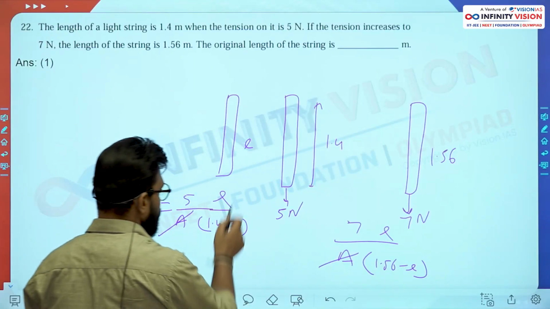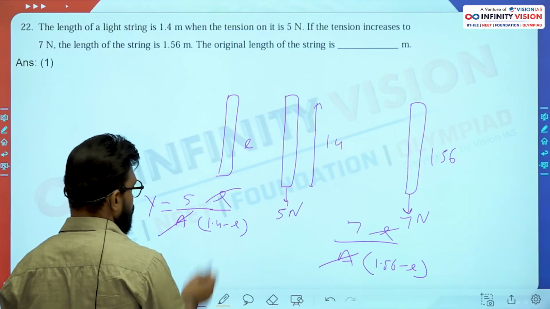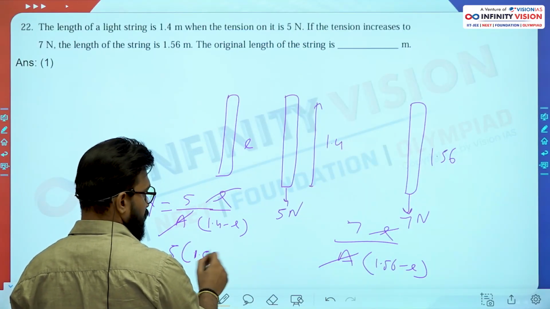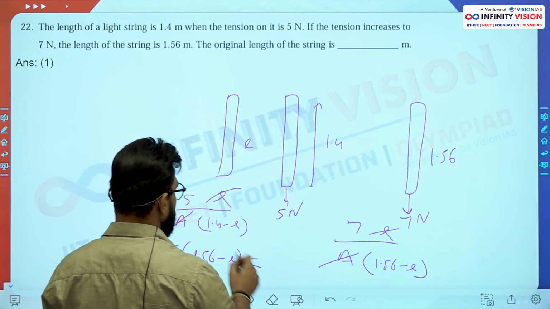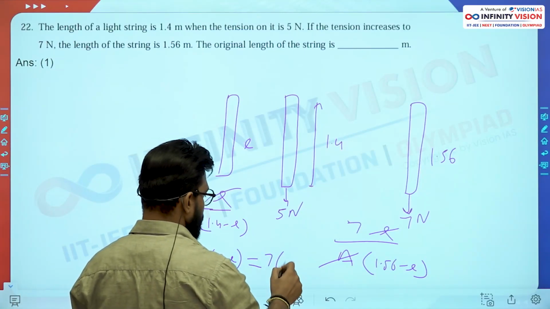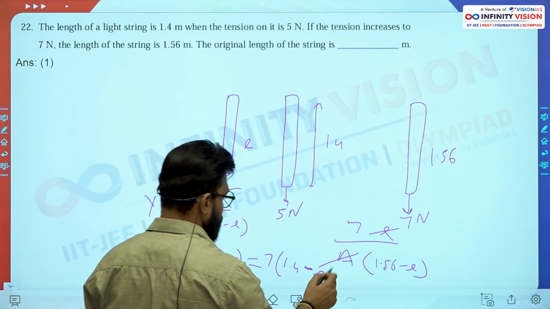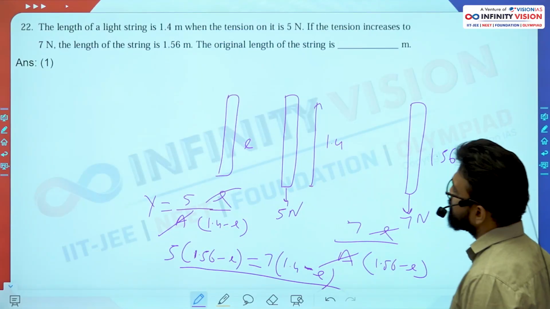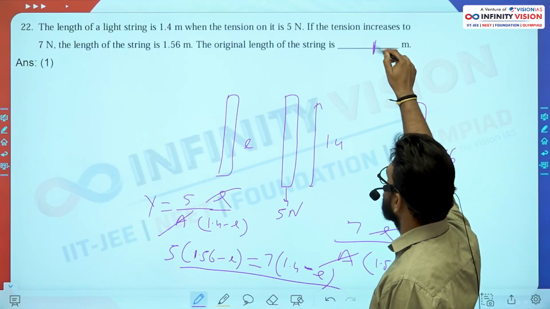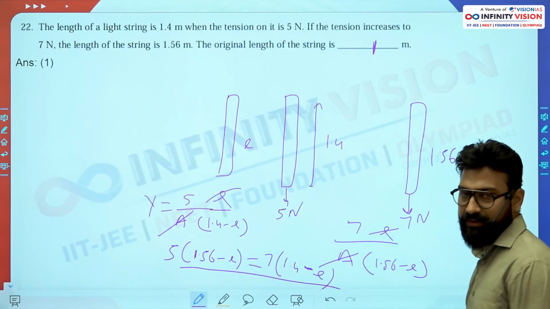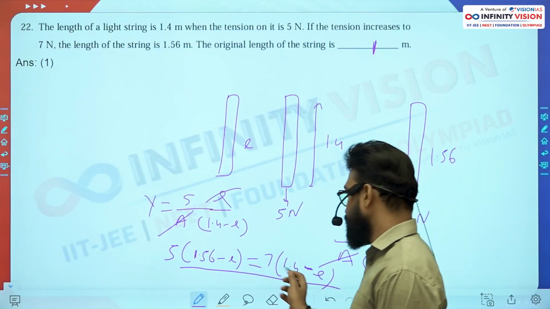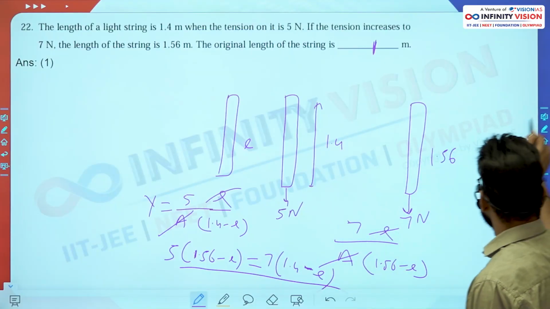A will cancel out, L will cancel out. You get 5 into (1.56 minus L) equal to 7 into (1.4 minus L). Solve it, and we get the length value as 1 meter. After solving it, you will get this value.